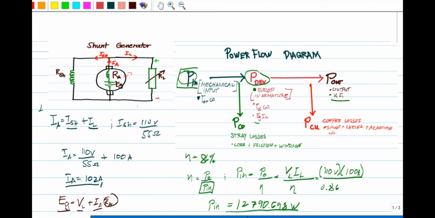To get the power developed in the armature, or the PA, we are going to subtract the stray losses. So P in, power input, minus power loss is equal to PA, or the power developed in the armature.